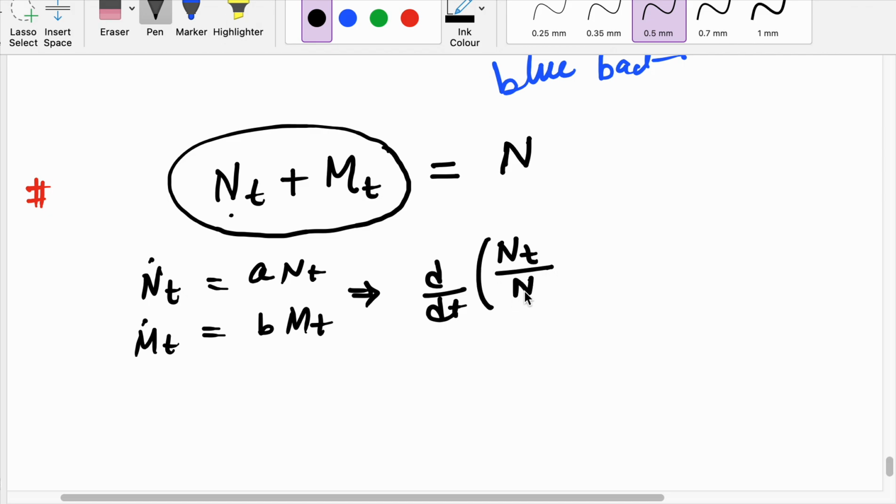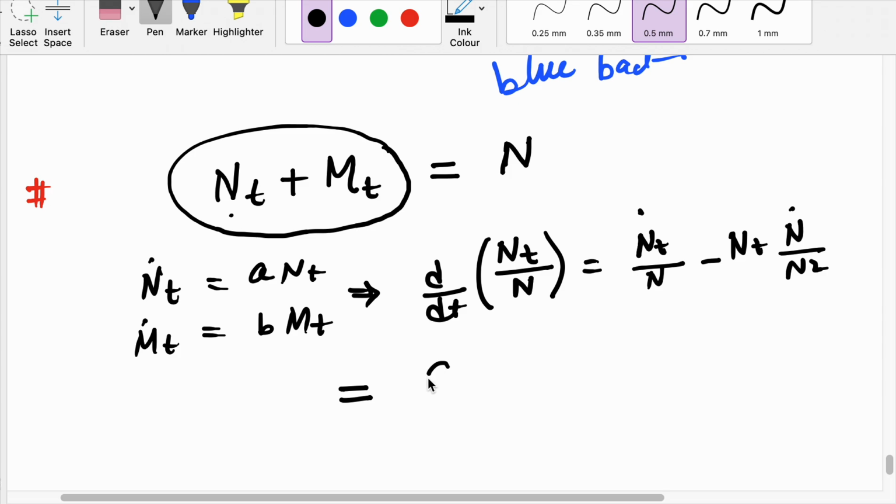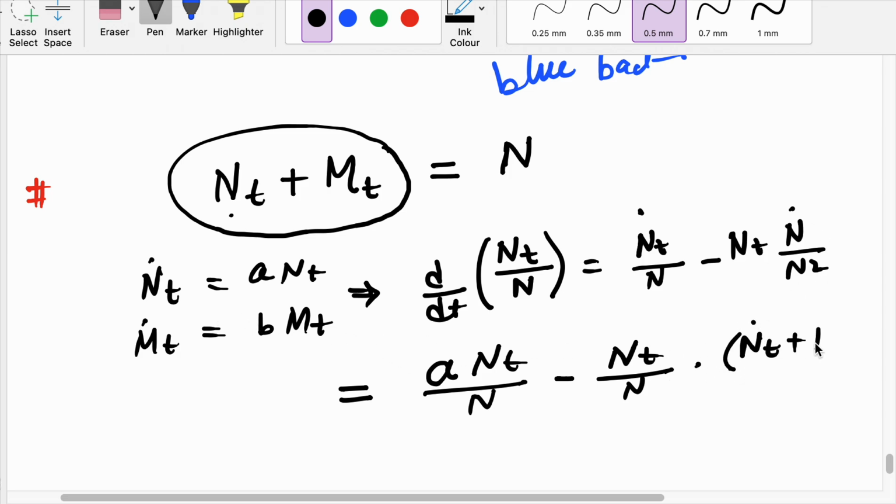Now I want to calculate this derivative, that will be nt dot by n minus nt n dot by n square. Now nt dot by n will be a nt by n, minus nt by n into n dot, meaning nt dot plus mt dot.